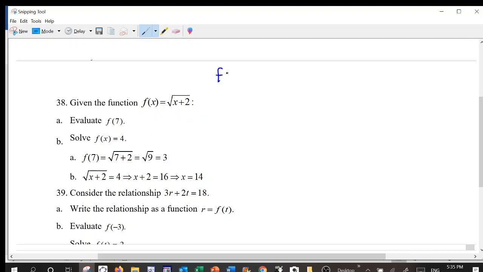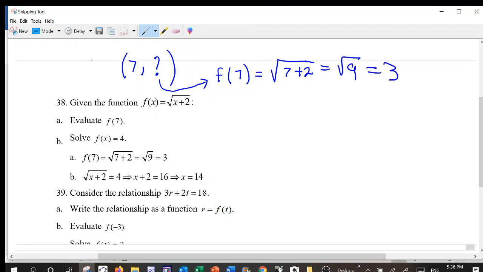Now f of 7 is easy to find. What does that mean? It means that we're looking for an ordered pair. 7 is the input, and we want to know what the output is, and that output is f of 7. So how do we find it? We substitute in here 7 plus 2, and we get 3, right?